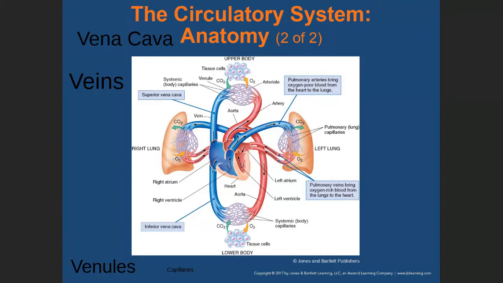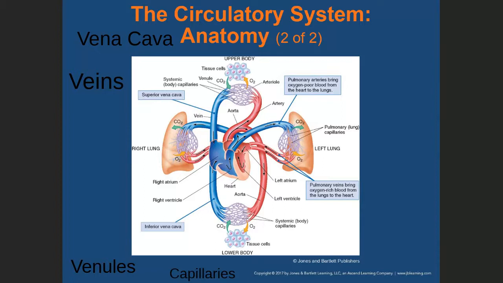The smallest blood vessels within the body are the capillaries. And the capillaries are the link between... why can't I enlarge this thing? Hold on, give me a sec, all right, there we go.